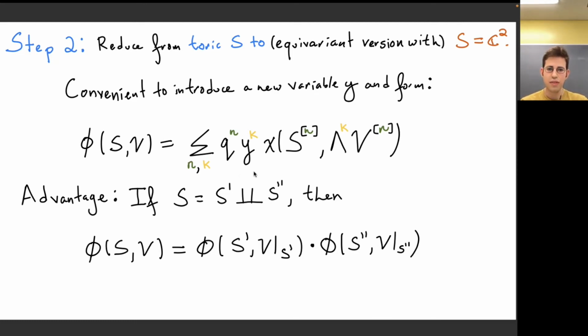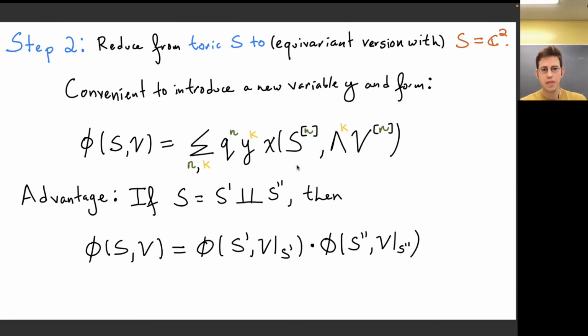And the advantage of this function is it's multiplicative. That is to say, the total exterior power of some direct sum of vector bundles is the tensor product of the total exterior powers of the corresponding individual summands.